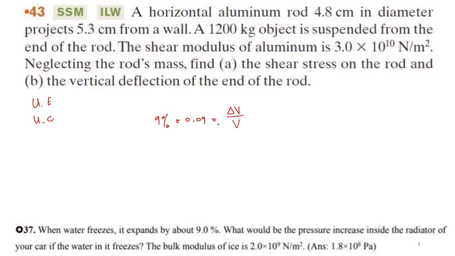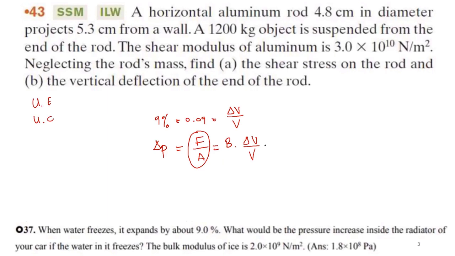So this is 0.09. And you know that the stress, uniform stress in a uniform expansion or compression, F divided by A, is bulk modulus multiplied by delta V divided by V. So this stress is also a change in pressure, okay, because I have a liquid involved. So delta P, which is the stress, actually I'm just asking you what is the extra stress due to the expansion of my liquid, water.